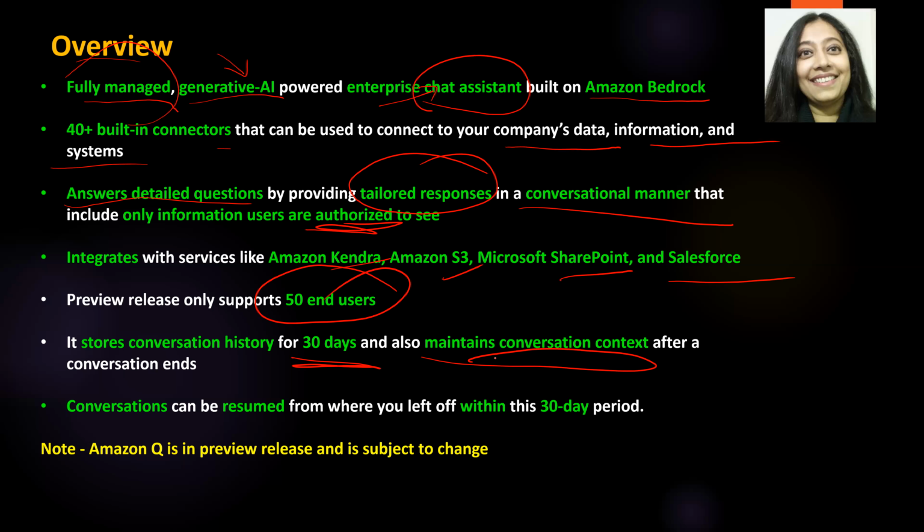And since it maintains the conversational context, you can resume the conversation from wherever you left it within this 30-day period. Remember that Amazon Q is in a preview release right now and it is subject to change. So depending upon what changes come in the future, I will try to create a Delta tutorial to cover the changes.